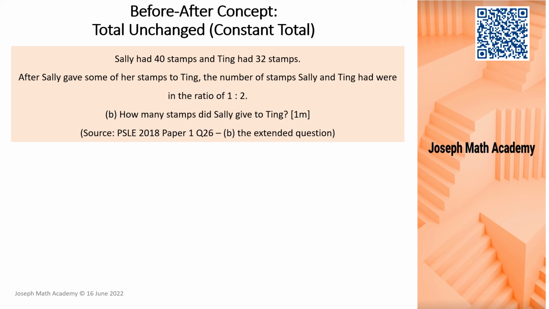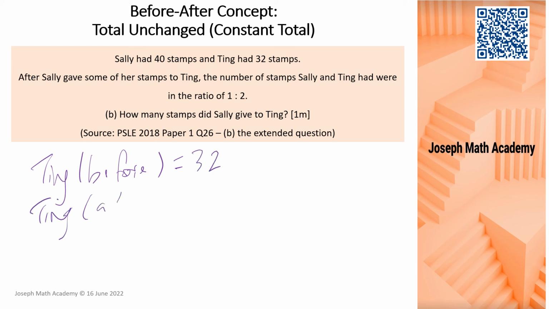All right, so part B will be the same way because part B does not require any ratio. So we will use the same way like what we did previously. So Ting before, right? Ting had 32 stamps at first.